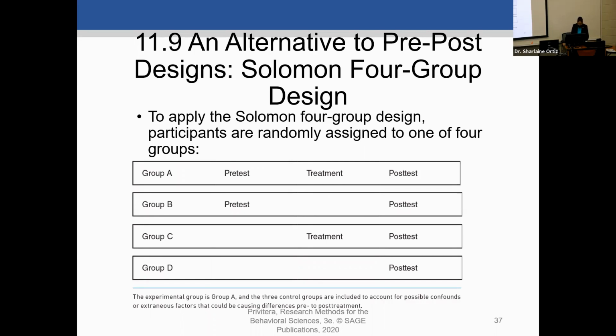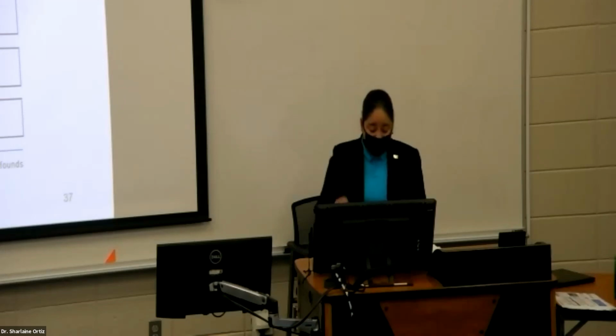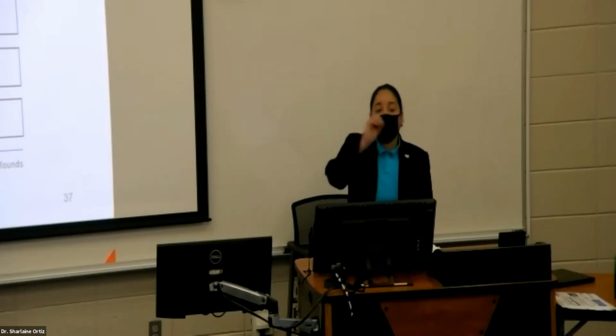Notice that we're going to engage in many comparisons. The first comparison, we're trying to find the differences in the pre-test and post-test score for group A when compared to group B.